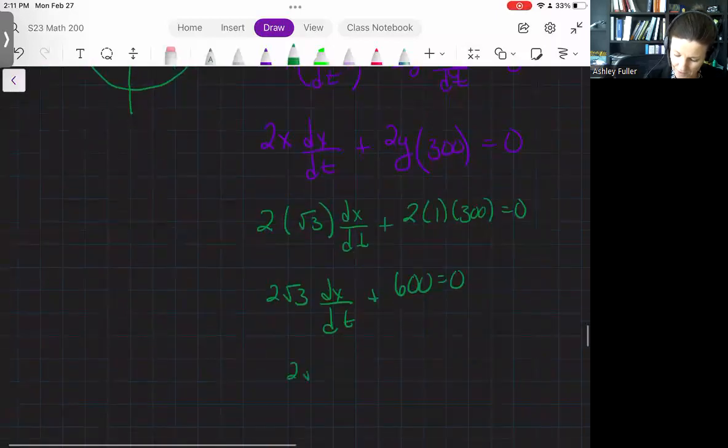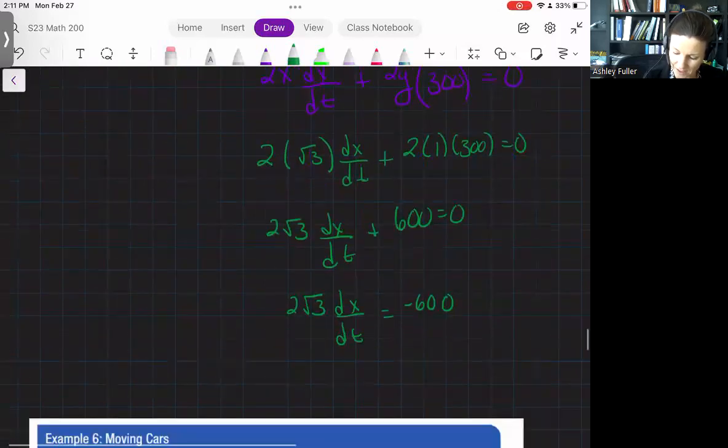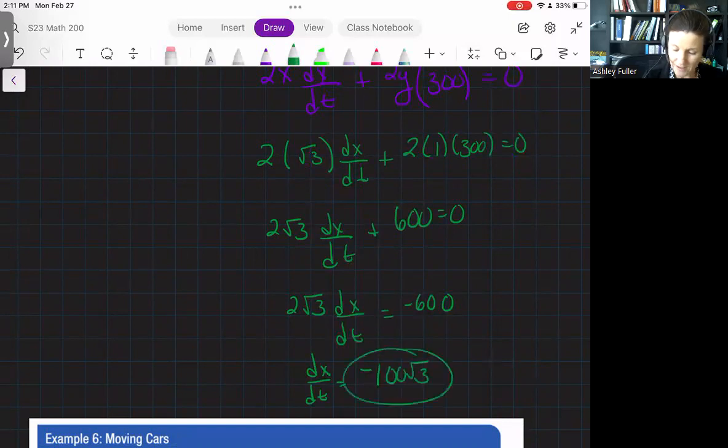Subtracting 600 from both sides, we have 2 square roots of 3 dx over dt equals negative 600. And when we divide by 2 square roots of 3, we get that the plane is traveling west at negative 100 square root of 3. It's going in the negative direction. If we calculate that, it's approximately 173.2 miles per hour.